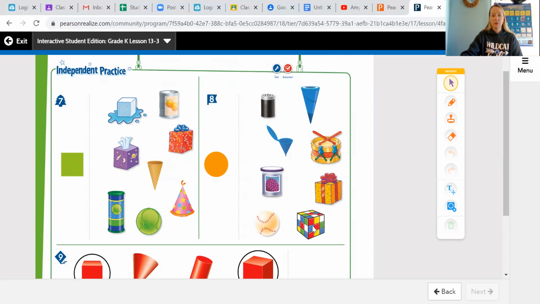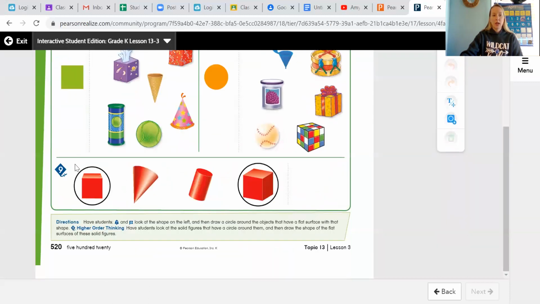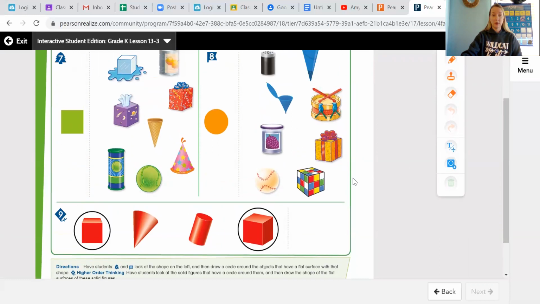You are going to look at all of these objects and circle the objects that have a flat surface that is shaped like a circle. And number 9. You are going to look at these 2 figures that they circled, and you need to draw the shape that is the flat surface. What shape are all these flat surfaces on these 2 cubes? Draw that shape right here.